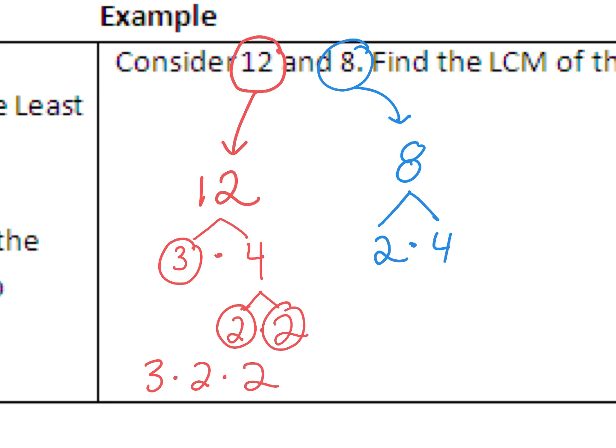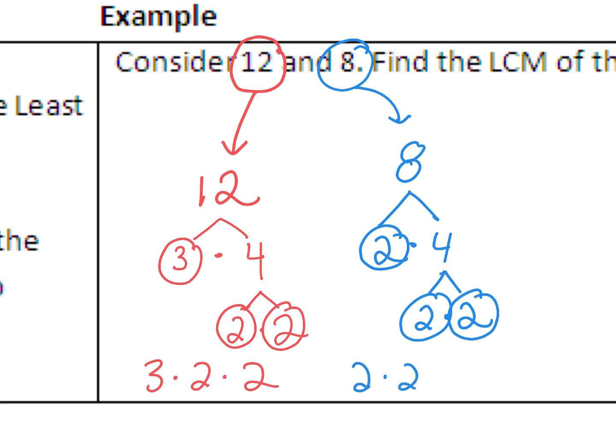And then 2 is prime, so that's done. 4 is going to factor again, just like it did before, into 2 times 2. So the prime factorization of 8, if we break it all the way down into its prime numbers, becomes 2 times 2 times 2.